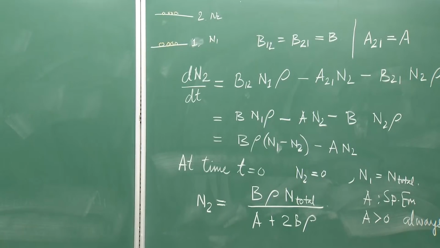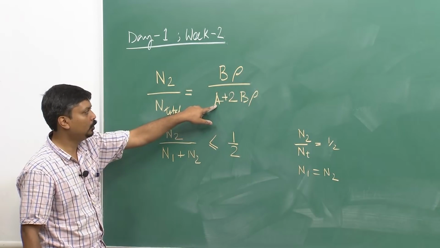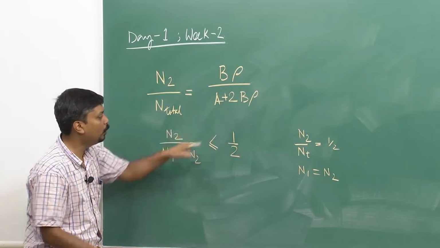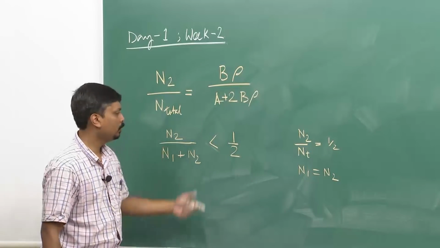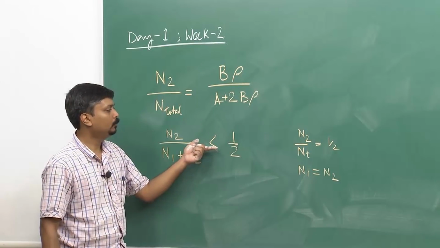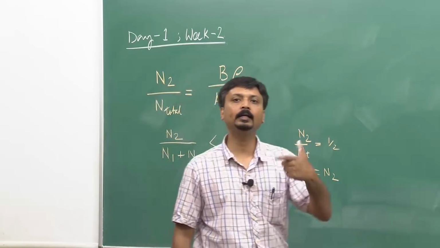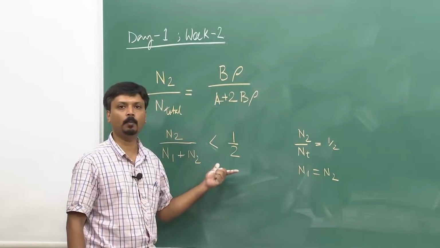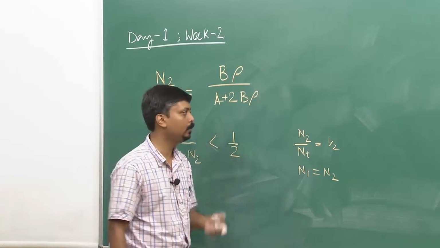Because A is always positive, essentially this one is always less than half. Okay. So, forget about going to N2 by N1 greater than 1, I have N2 much less than N1 all the time.